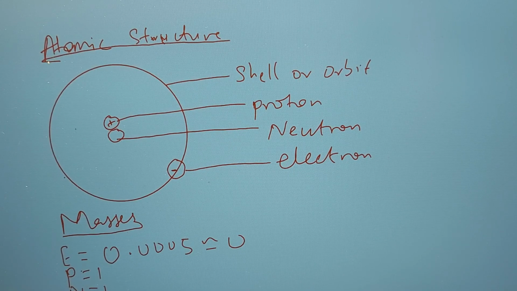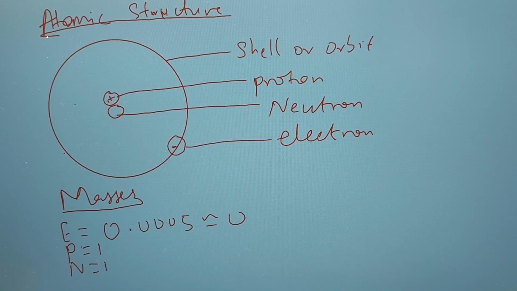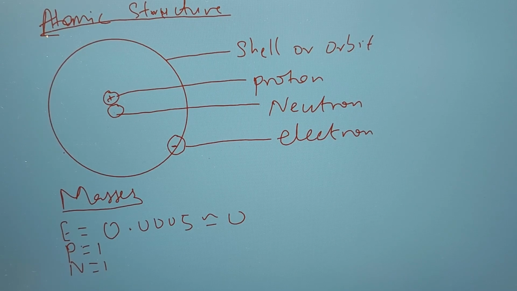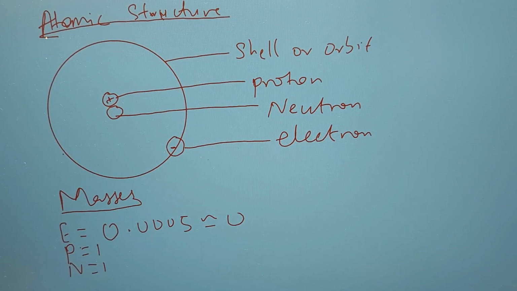So coming back to this, these two particles are there at the center of the atom, which are the proton and neutron, because they are held by strong nuclear force. What that means is that you've got the center there, which is called the nucleus. So the center of that atom there is called nucleus.